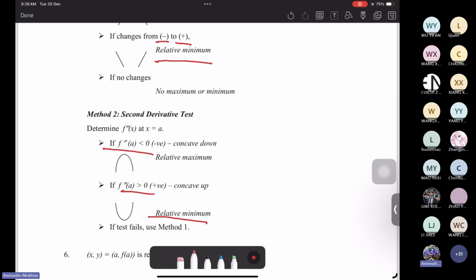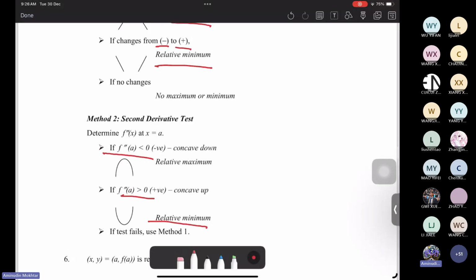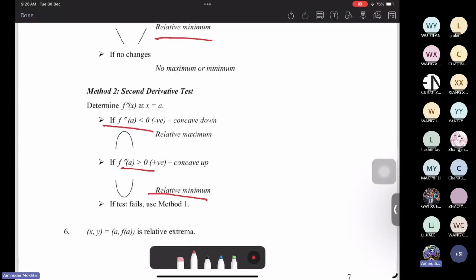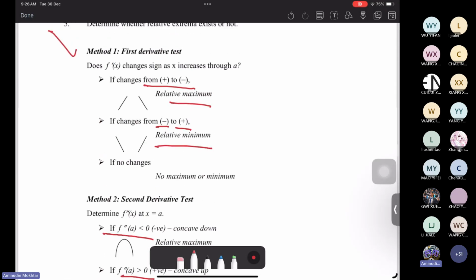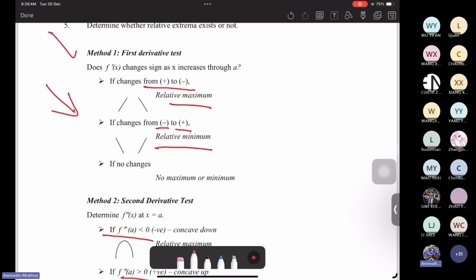You can use both, but if the second method is unable to identify the minimum or maximum point, we can apply the first method.